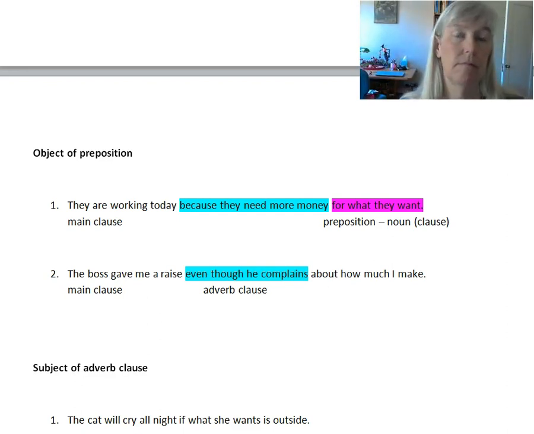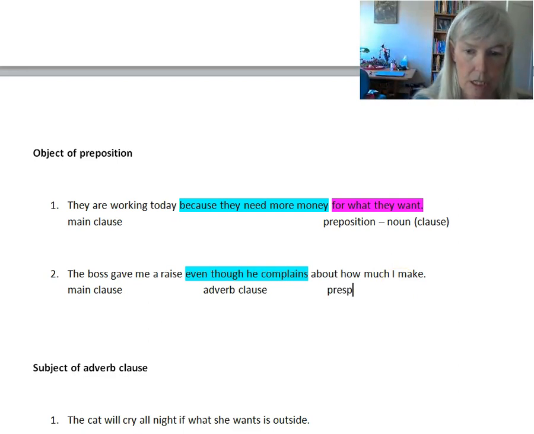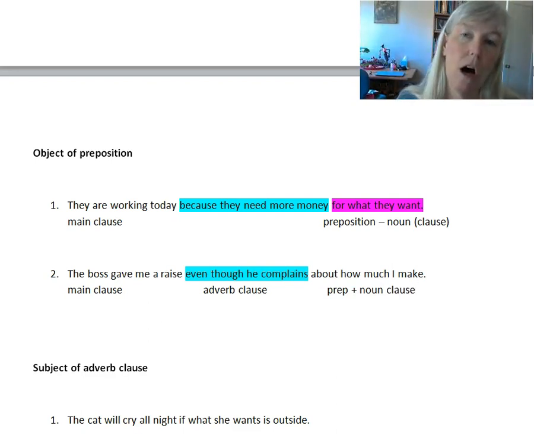About my phone? Noun. About my car? Noun. About how much I make? Noun clause. So we have a preposition plus a noun clause, object of the preposition. About what? How much I make. It has a subject and verb in it. It's a clause.